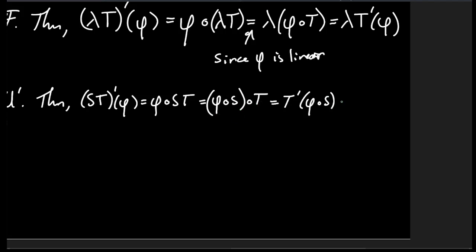Now we're doing the same thing yet again. I get T prime of S prime of phi, which is just T prime S prime of phi. So that's where that order flip comes from, because we're flipping when we do our compositions.